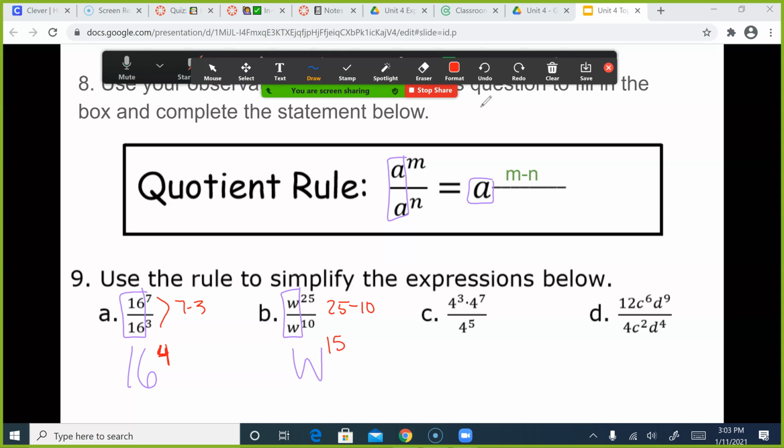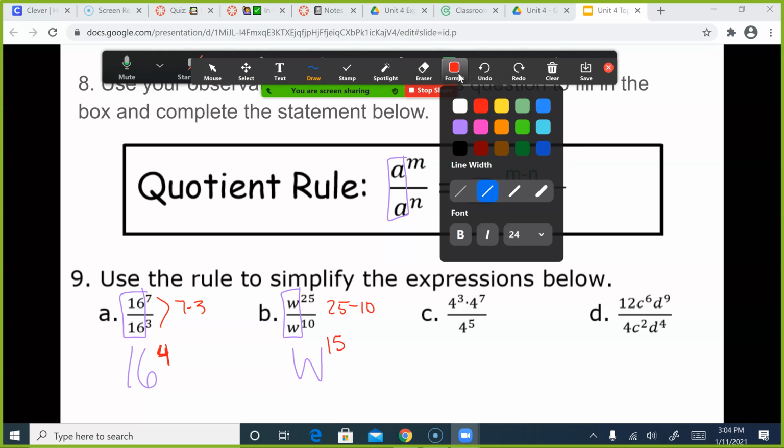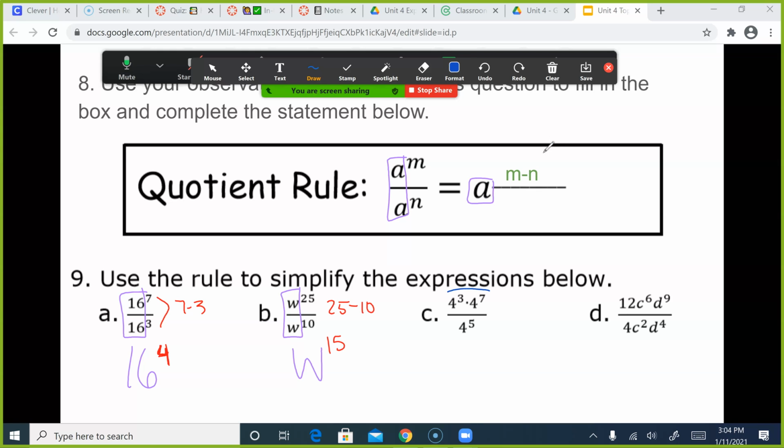So 15 there. C is actually a multi-step one because I have multiple bases. It's not just one on the top, one on the bottom. So I have to combine in the numerator first. Combine that into one base. So remembering the product property, if I have 2 exponentials with the same base, then I add the exponents together.